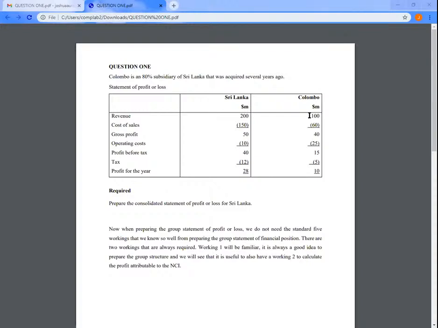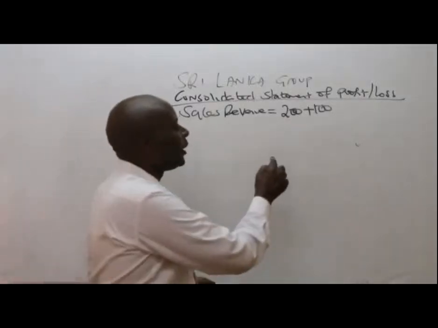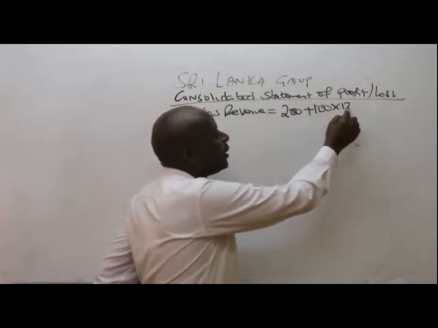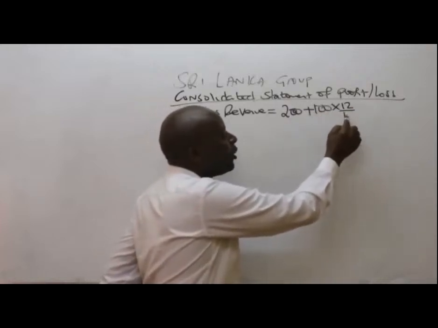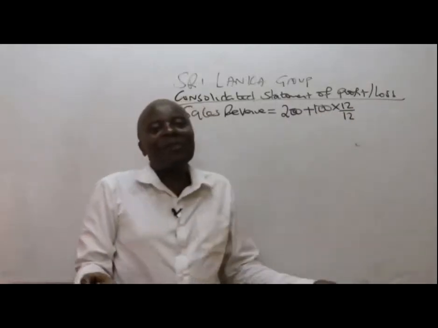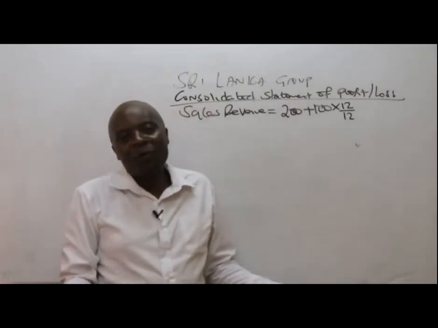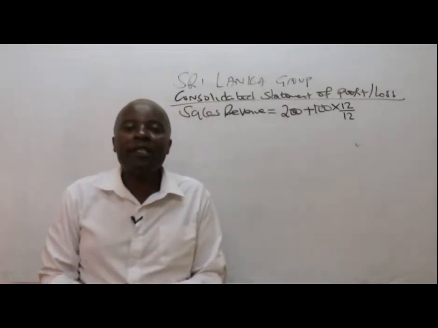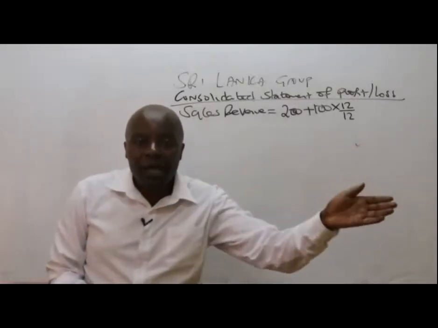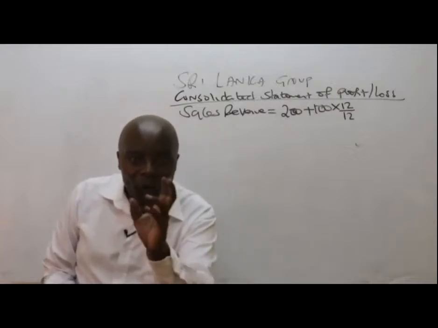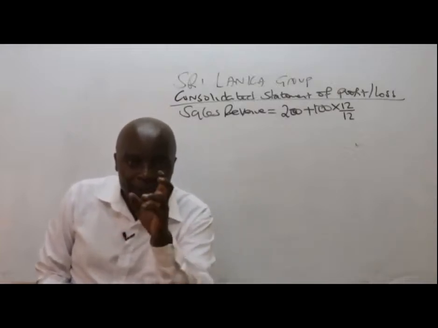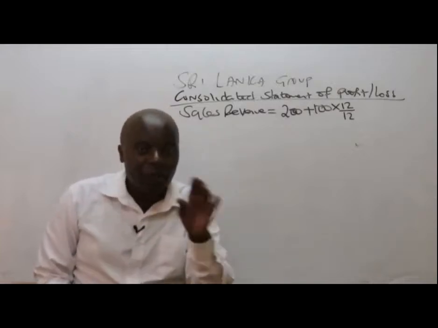If you wanted to do time apportionment, you would be saying that in the reporting period Colombo was ours for 12 out of how many months? 12 months. It won't make any sense. If we acquired it several years ago, it means that in the reporting period that has 12 months, Colombo was our subsidiary for all those months.